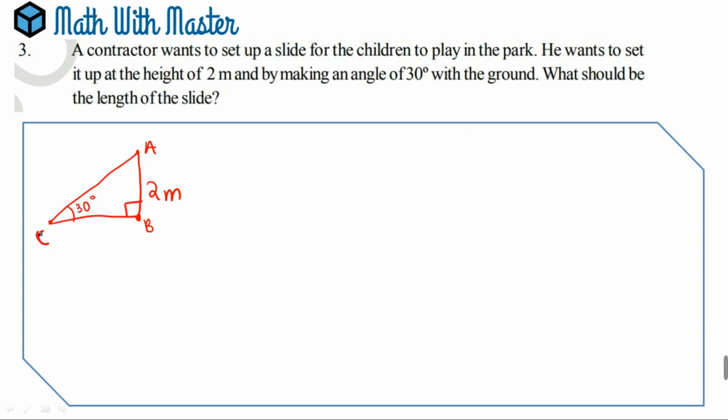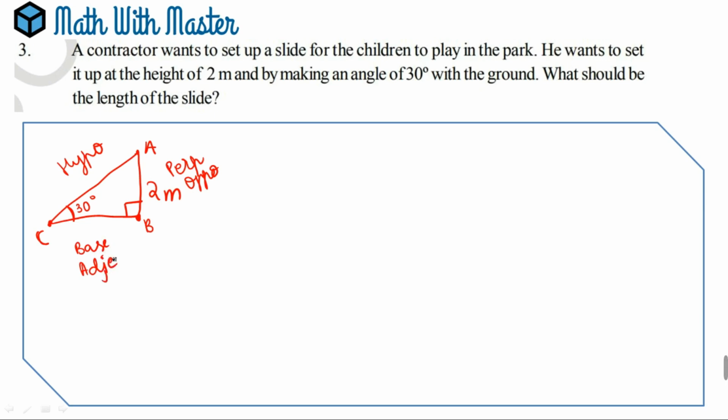So we will name this point C, and for angle C, first we should see what is perpendicular or opposite, and hypotenuse, and base or adjacent. So AB is perpendicular or opposite, AC is hypotenuse, and BC is base or adjacent.